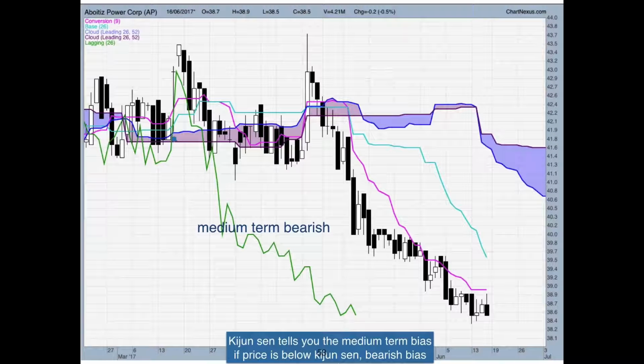Now, if price is below the Kijun-sen, then the sentiment is bearish because it is below the midline of prices for the past 26 periods. In this chart of AP, we see a medium-term bearish trend.